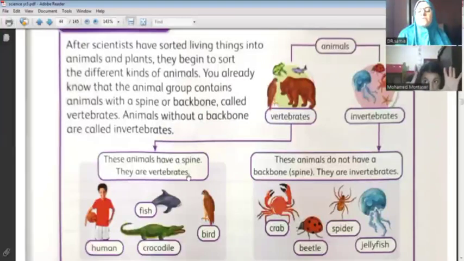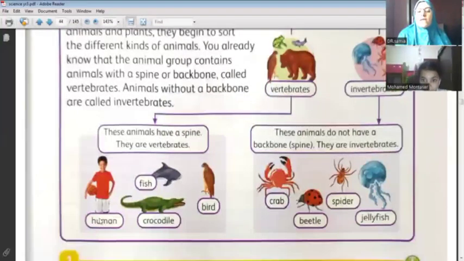So vertebrates are animals that have a spine. Like what? Like humans, we have a backbone or a spine. Like fish, fish have a backbone. Like crocodile, and like birds. They are called vertebrates.